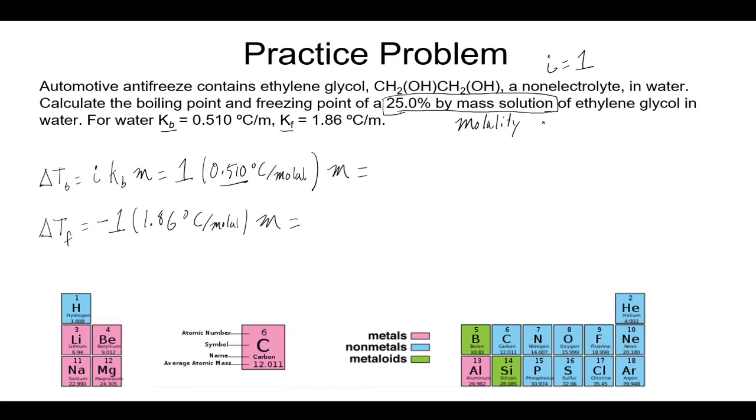For a 25% mass solution, I'm not told how much total there is, so let's just assume there's 100 grams total. If there's 100 grams total, then 25% by mass means there's 25 grams of ethylene glycol divided by 100 grams total, which means 25 grams ethylene glycol.